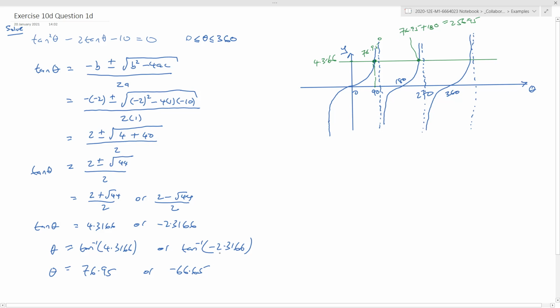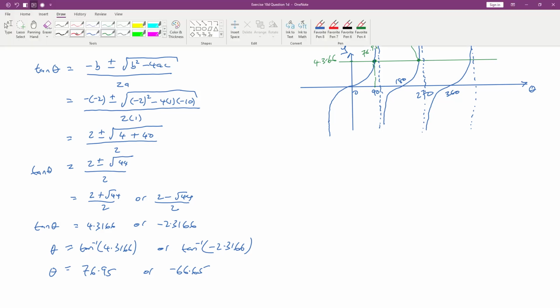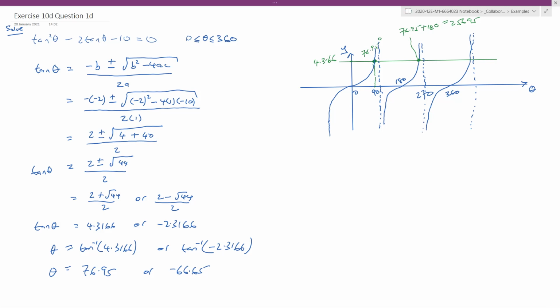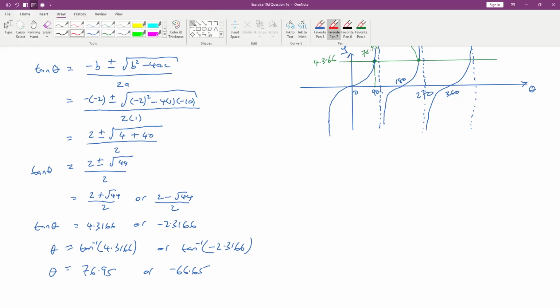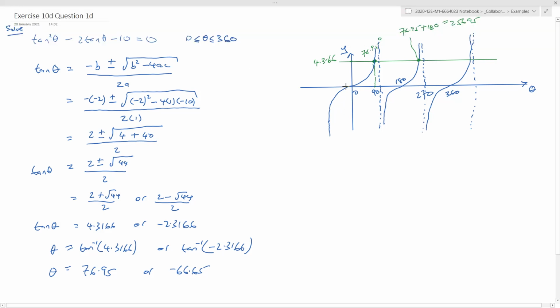Then we do the same thing for the negative value. As we said before, this is why you don't need to actually sketch the curve, because for tan it repeats every 180 degrees, whereas for sine you need to draw the curve.